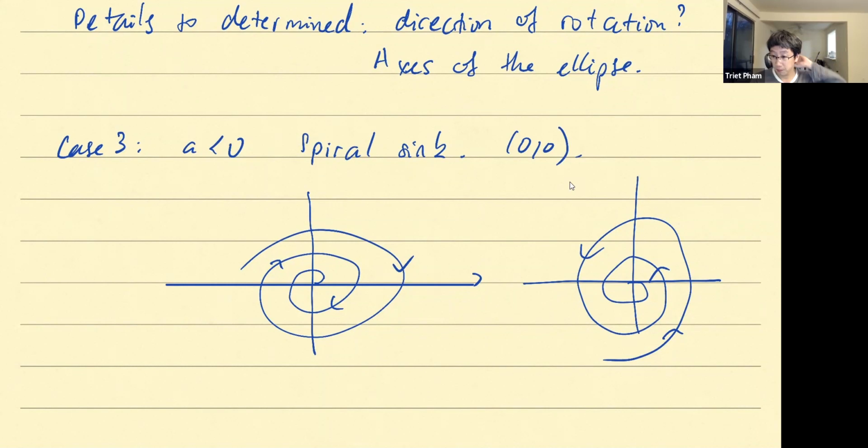Any question? So Albor, your question is would the spiral cross?